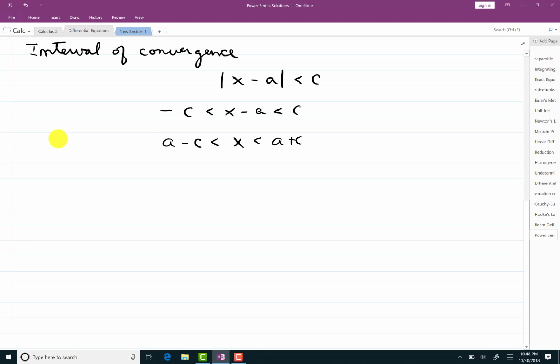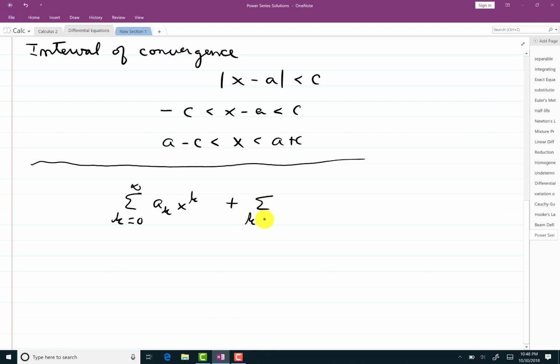So we're going to work on some arithmetic with these things. Probably the first thing I would like to tell you about is if I have a power series, say it's a sub k x to the k, and I add to it another one, k equals 0 to infinity, b sub k x to the k, then I can add them up term by term because the x to the k's are of the same power.